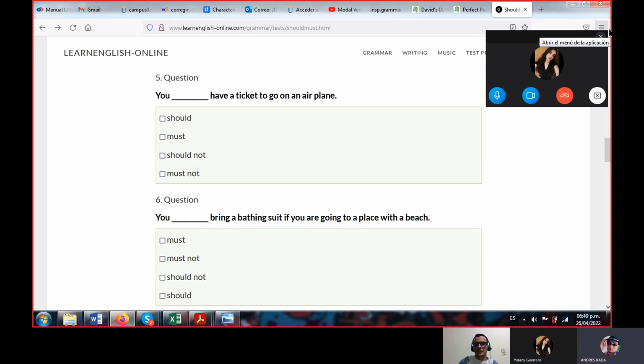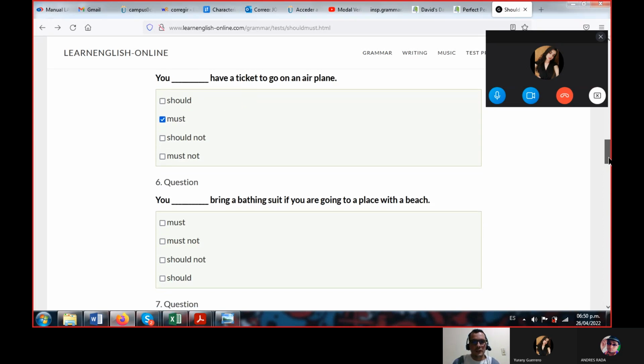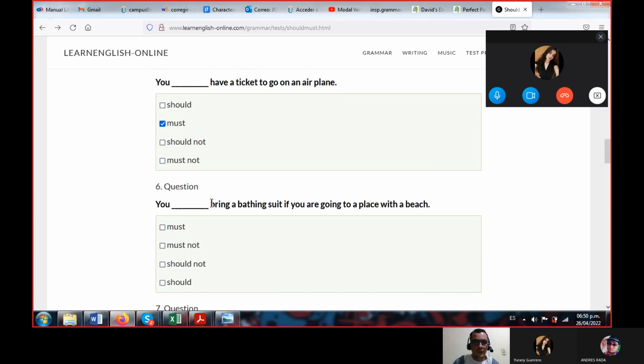Según el contexto, is must. But should is possible too, Yurani. También es posible. O have to, have to también is possible. En este caso, si lo utilizamos, la oración también va a estar bien. Podemos decir, you have to have a ticket.